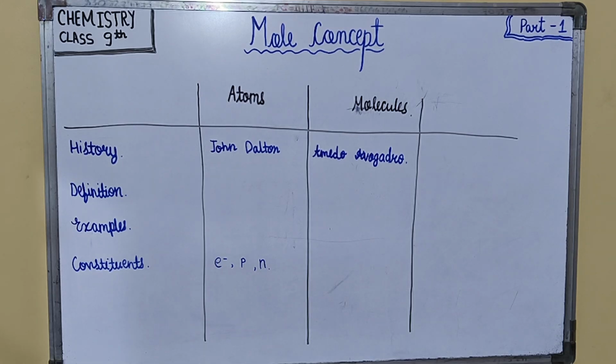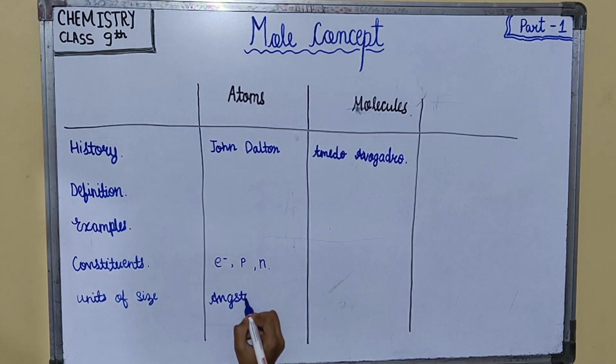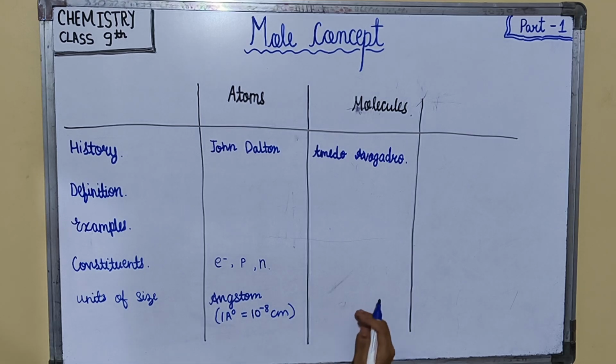Atoms in turn are made up of subatomic particles. Units of size. For atoms it is the angstrom. That is, 1 angstrom is equal to 10 raised to minus 8 centimeter.